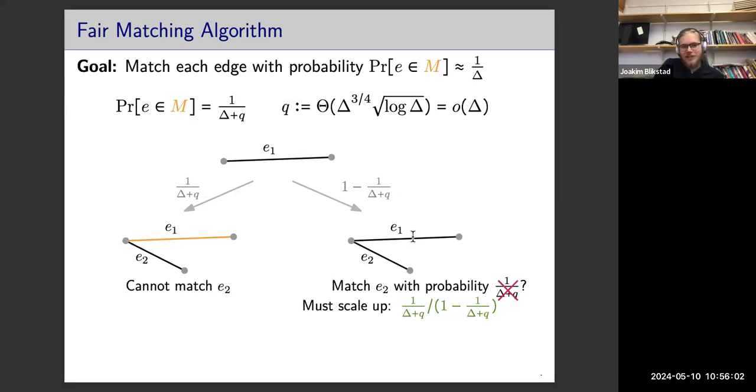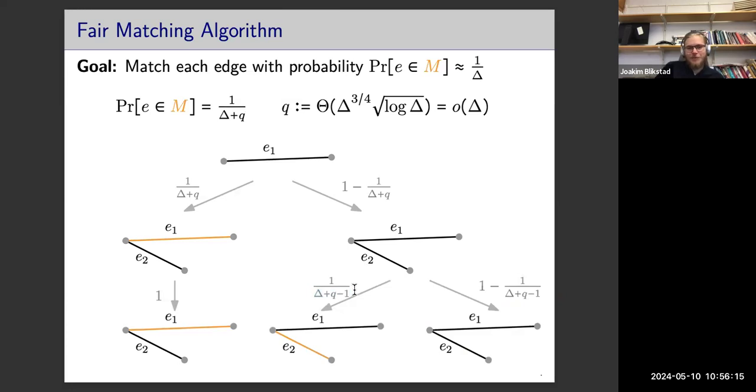But since it can only be matched in this branch of the algorithm, we have to scale up with the probability that we're in this branch. So we'll match it with this kind of probability, which turns out to be equal to this probability if you do the calculation. So far, any fair matching algorithm must follow these steps.